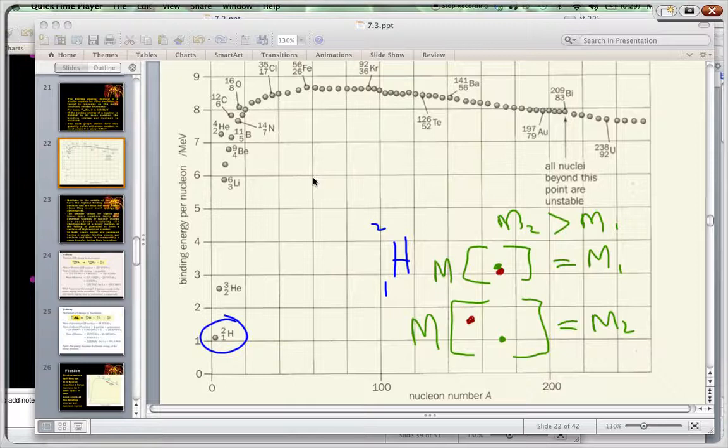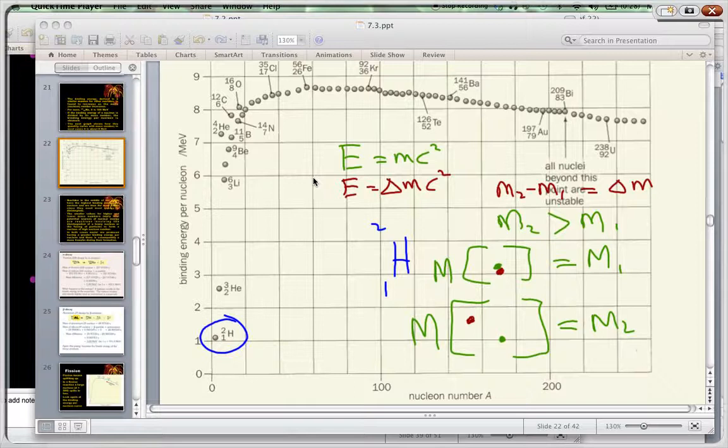Now, we can work out the energy from that by using E equals mc squared. If I call M2 minus M1 delta m, that's my change in mass, then E is equal to my change in mass times c squared, and I would get a certain energy value.